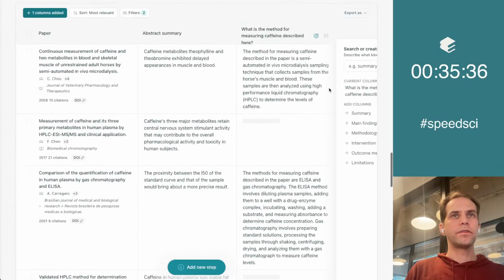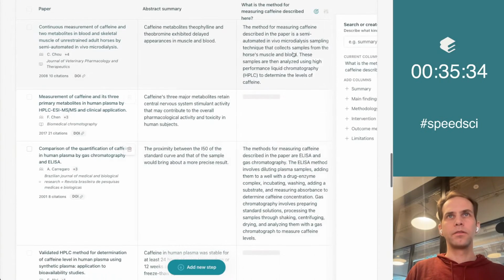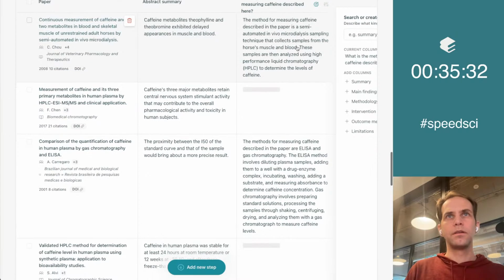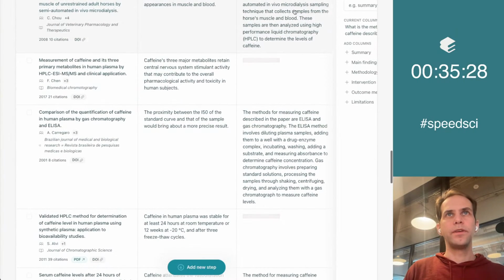So I'm still going to start looking through this paper by paper. So we have the tissue probe method, semi-automated in vivo microdialysis, still loading.